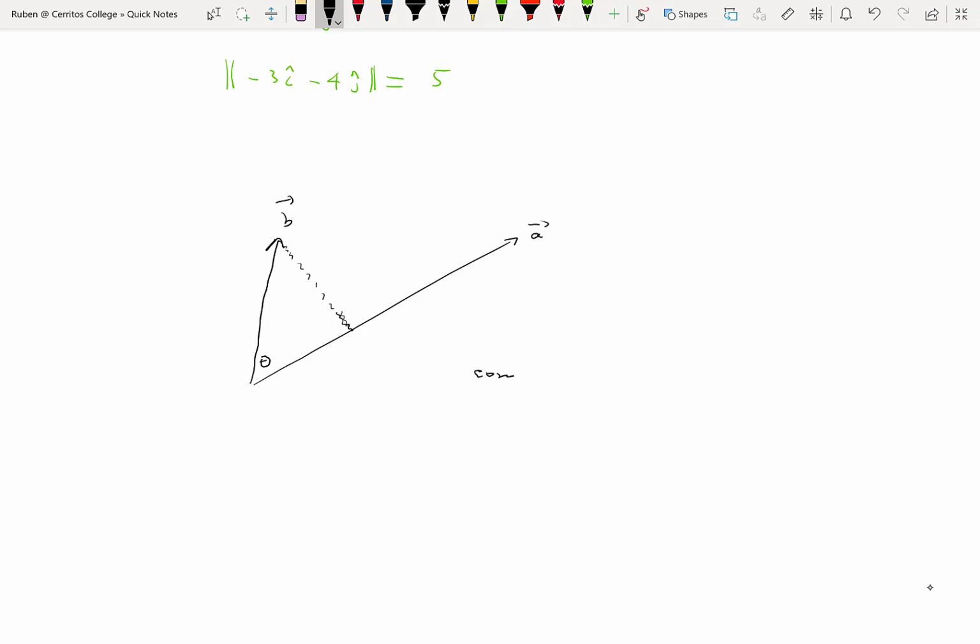The component of B in the direction of A is nothing more than the length of B cosine theta.